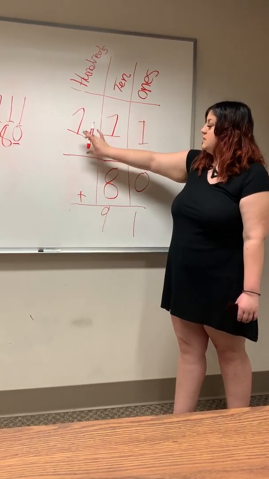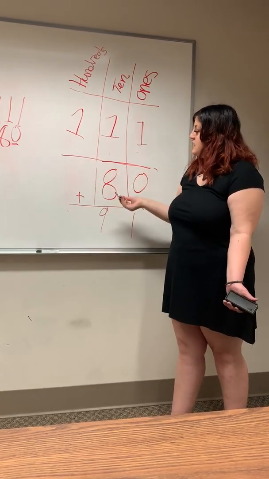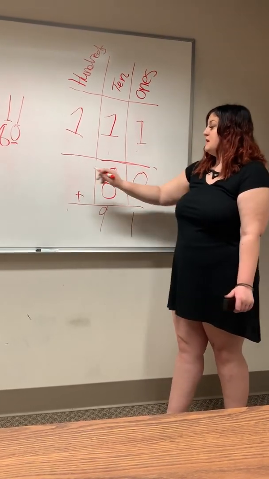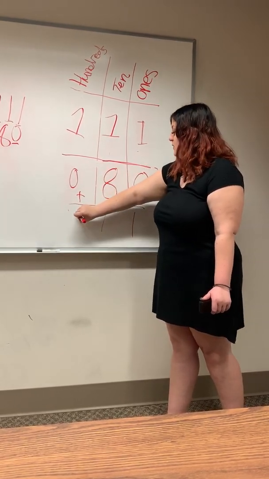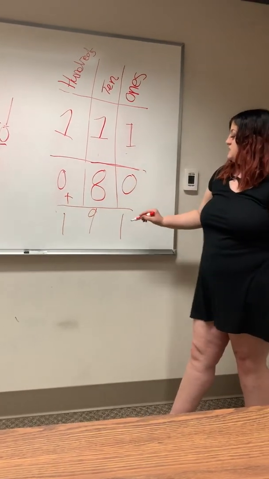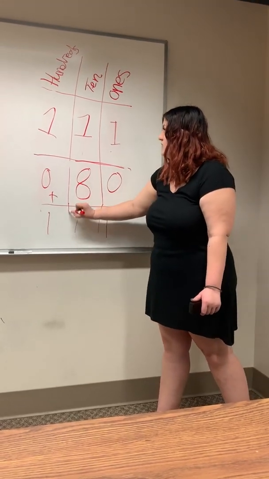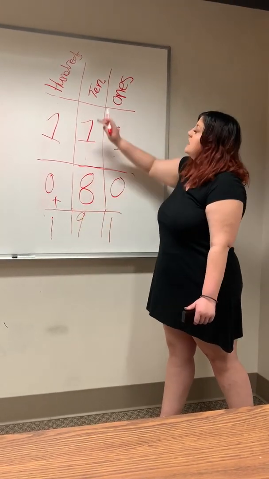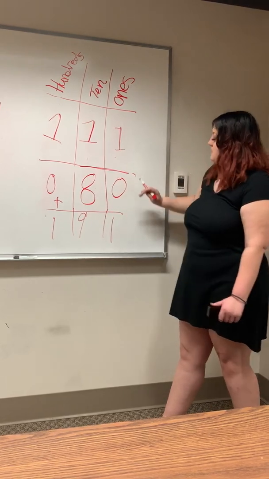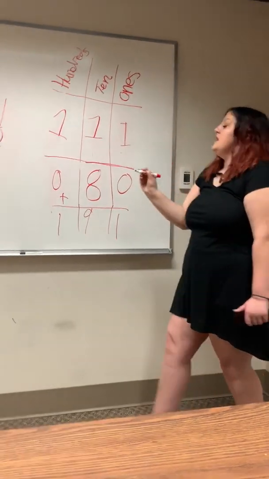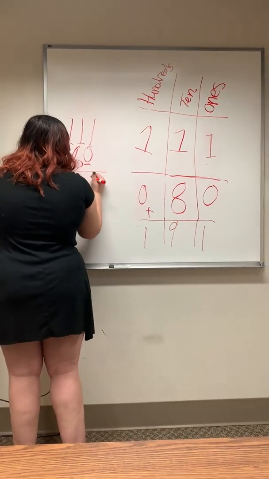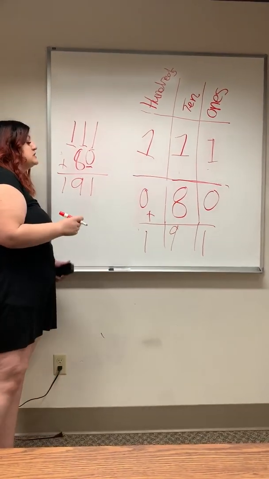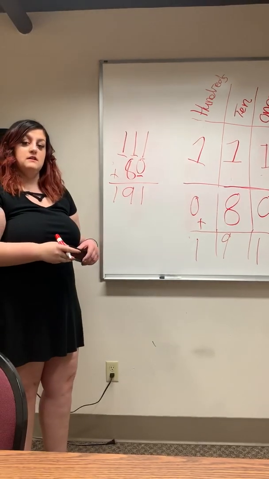And then 1 plus, well, if there's nothing else there, what is it? We can pretty much put an imaginary 0 there. So it'd be 1 plus 0 is 1. And then our answer would be, there's a 1 in the hundreds, a 9 in the tens, and a 1 in the ones. So our answer will be 191. Any questions with that one?